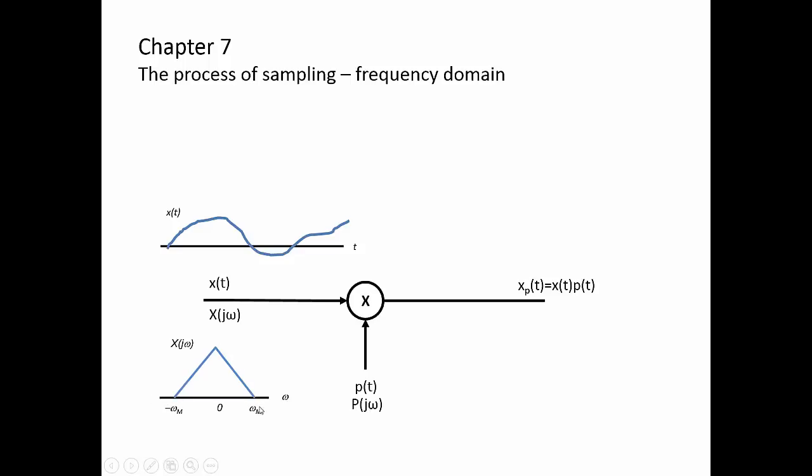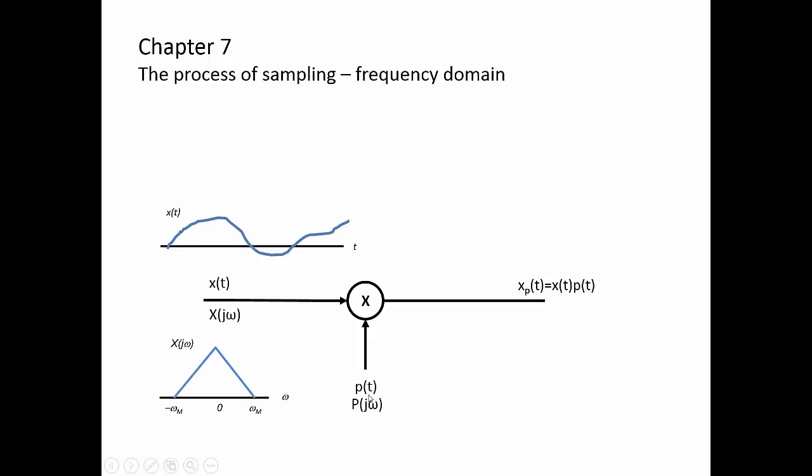Therefore, we can say that it has non-zero values only for frequency values between negative omega m and positive omega m. We call this a band-limited signal. There's a limited number of frequencies in which we have non-zero values.